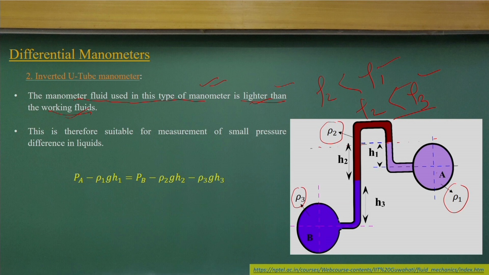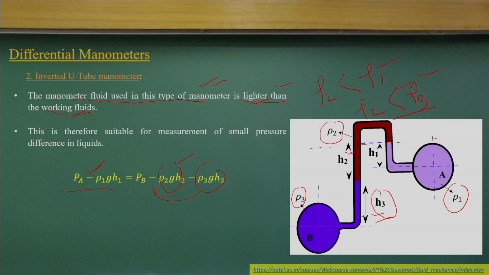So, PA minus rho 1 g h1, this negative comes in. Similarly, if you start from PB, you will have a minus rho 2 g h2 for this part, then you will have this part. Either you can put it here or here, it does not matter.